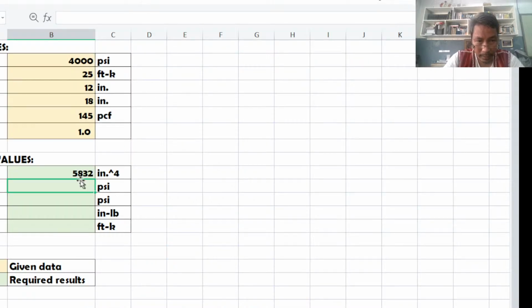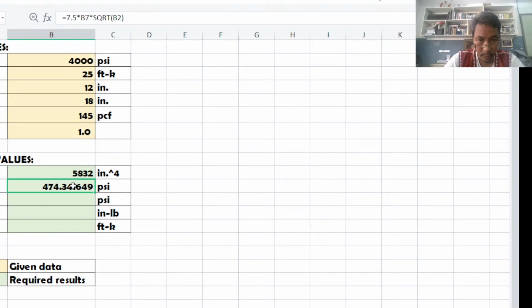FR is equal to 7.5 multiplied by lambda, and then multiply by the square root, SQRT. Put the square root of this one. So enter.